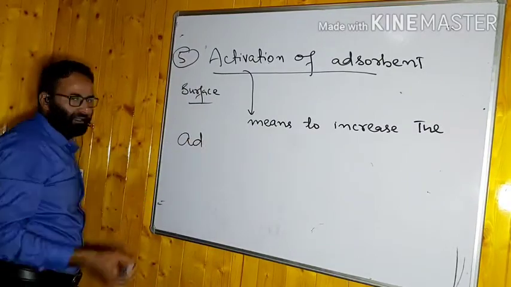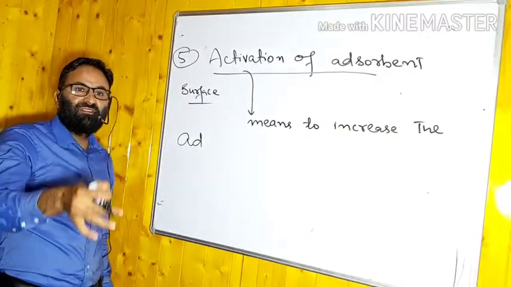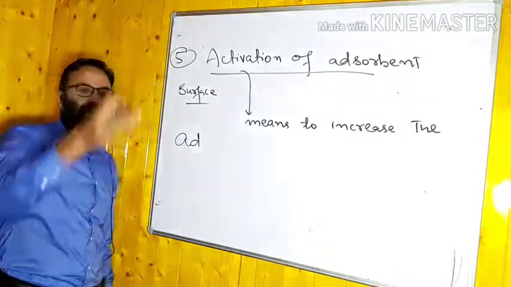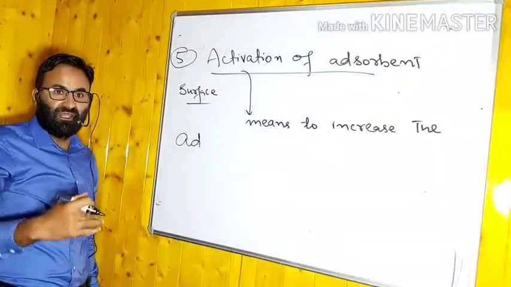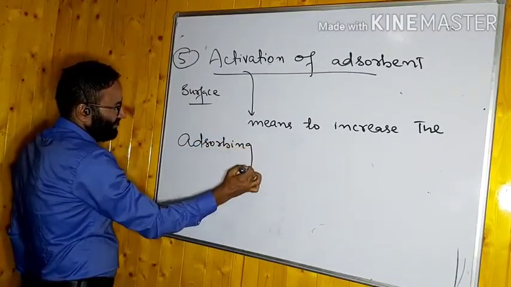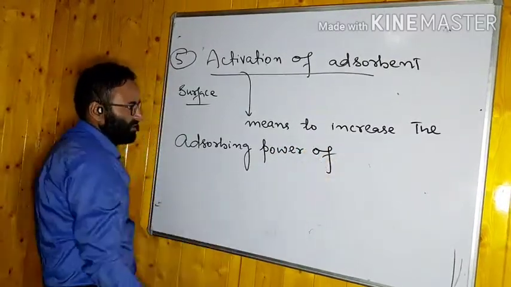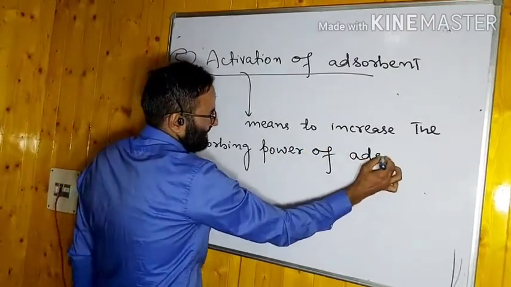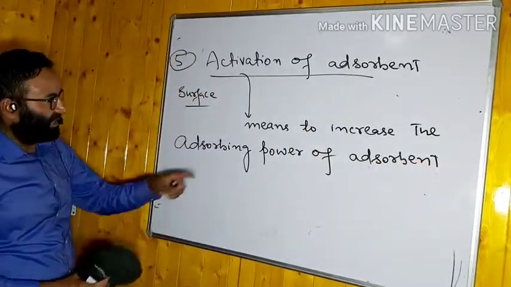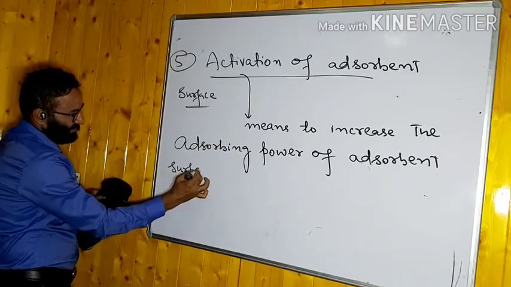When you increase the adsorbing power of the adsorbent surface, we can say we have activated it for adsorption. Activation means to increase the adsorbing power of adsorbent surface.